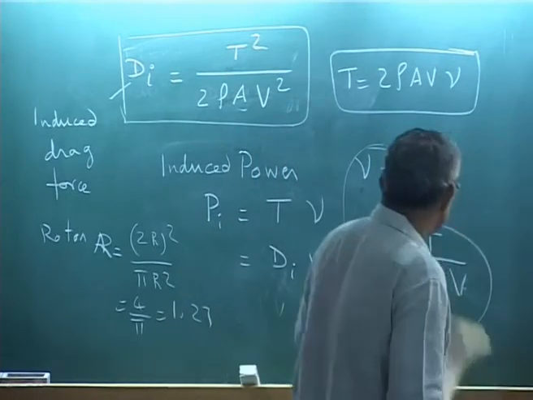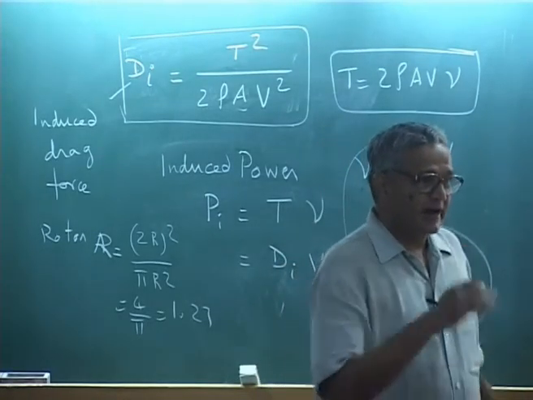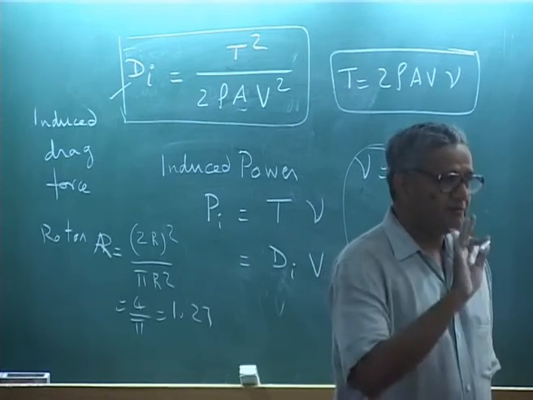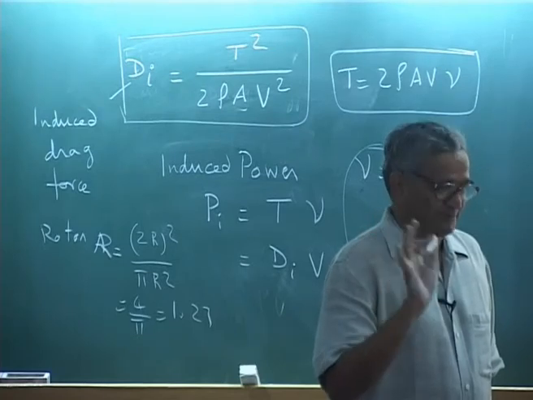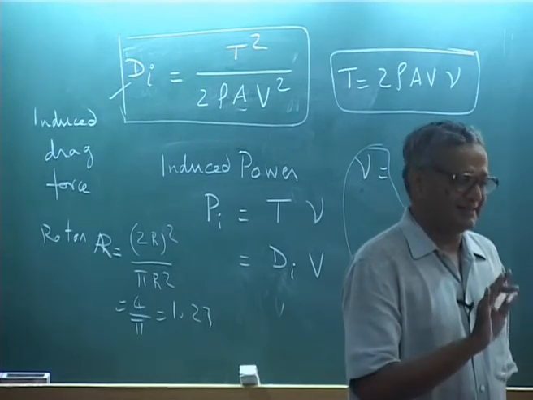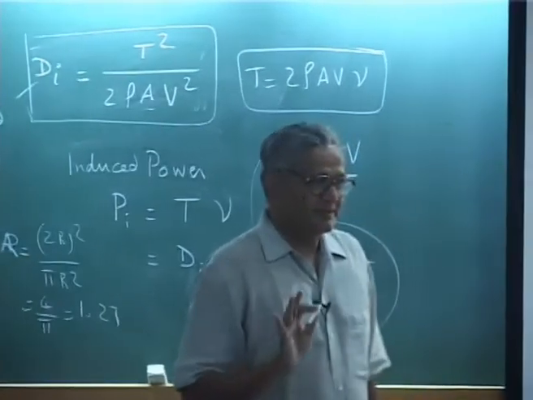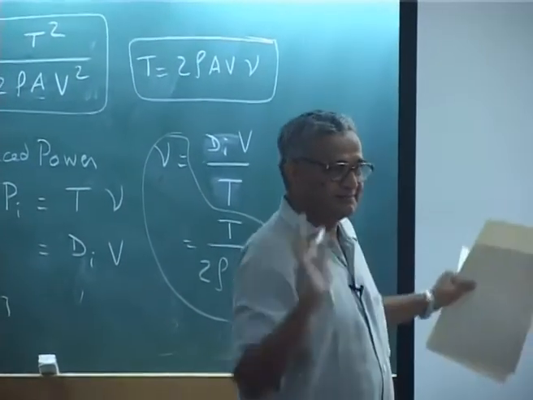But Glauert got this, hey, this is a nice relationship. So at high speed, the rotor behaves like a wing, just a fixed wing, but with considerable variation in the inflow.